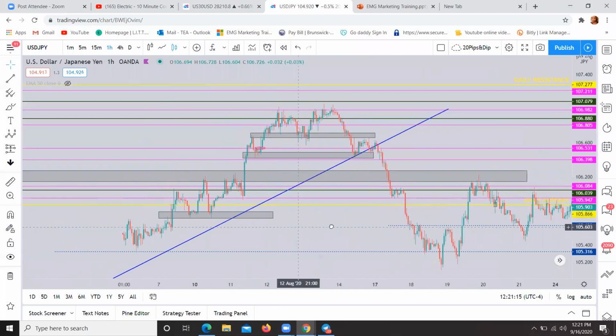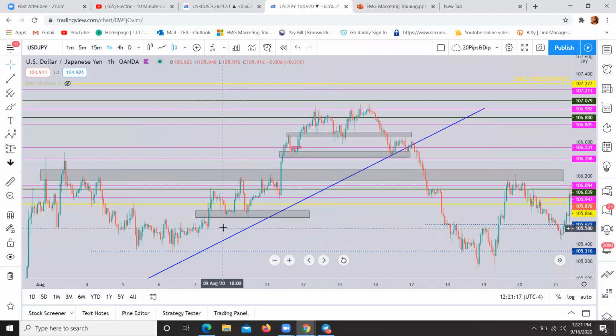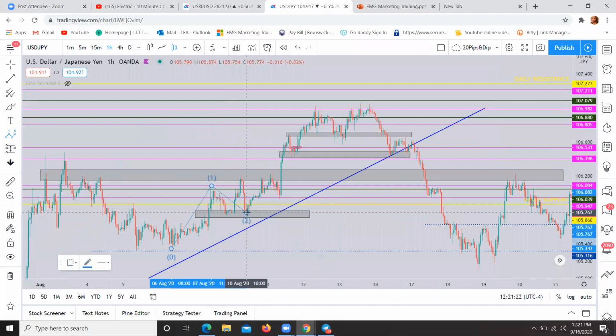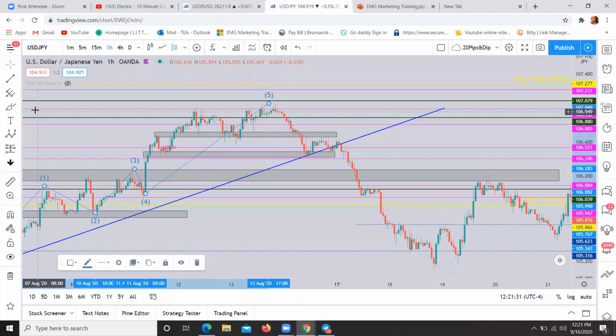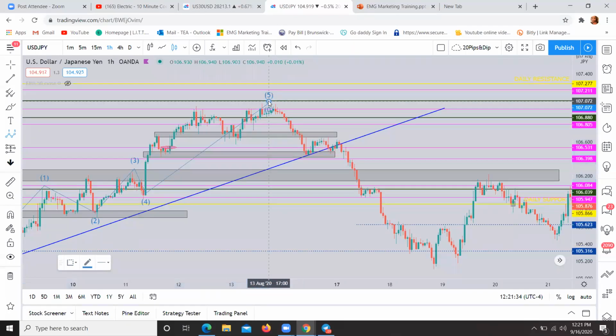Now let me show you something about structure. The market was moving, making higher highs, higher lows, higher highs, higher lows, higher highs. I drew a trend line, right? When USD JPY started falling down, it broke the trend line, y'all see this? And then this high didn't break this high.